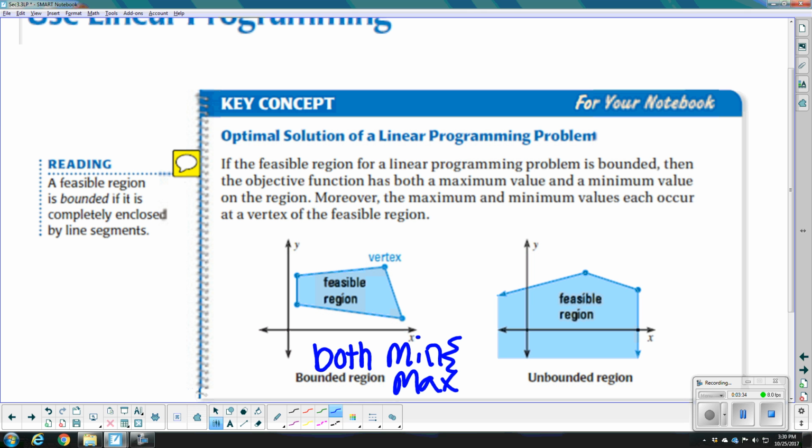So not both. A minimum or a maximum. And that minimum or maximum still will occur at these vertex points, just like the minimum and maximum will occur at one of the vertices. But with an unbounded region, you don't have both a minimum and a maximum.